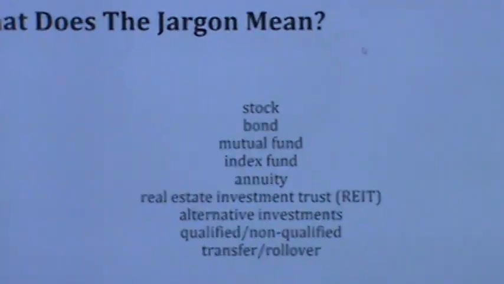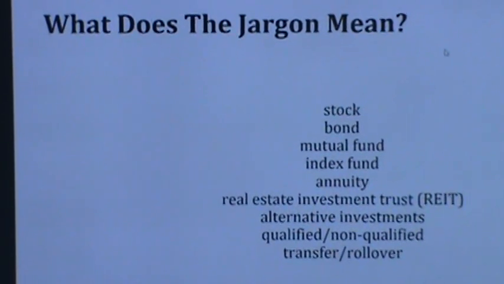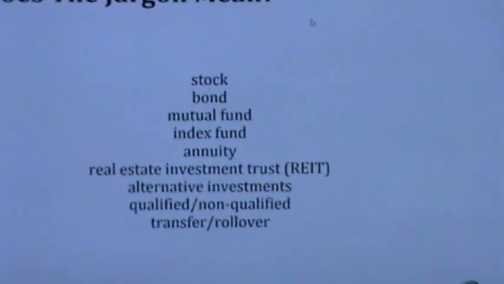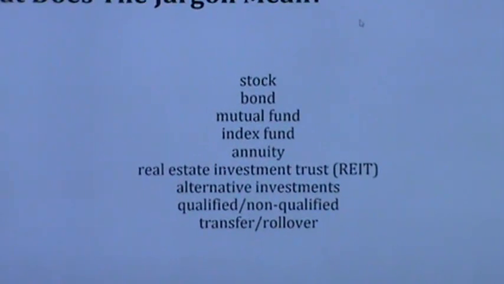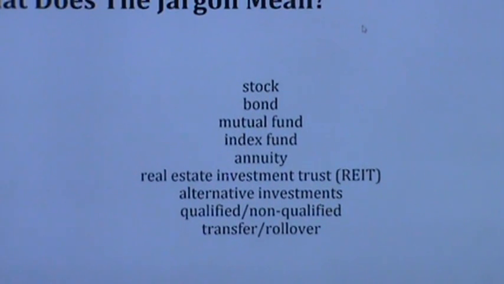So initially, the big word that we all talk about, that you're probably familiar with as you're listening, is stocks. What is stock? Stock is a piece of a company. Companies are in the world of capitalism, and they look for opportunities to gather more money.